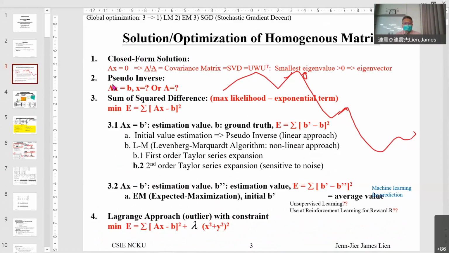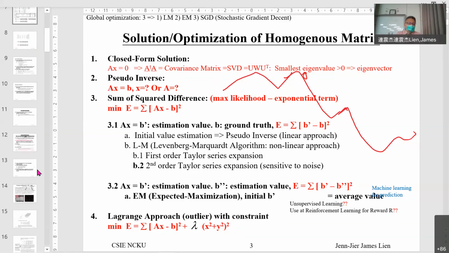So that case is an Ax equal to 0 problem, so we use the closed form solution. The closed form solution for this A uses singular value decomposition. The decomposition becomes U W. If this is a symmetric covariance matrix, it is U W U. If not symmetric, it becomes U W V. And U is the eigenvector, W is the eigenvalue. Okay. So back to here.